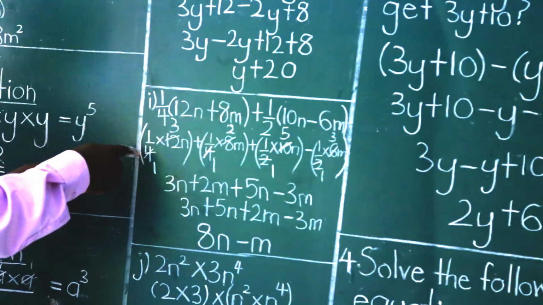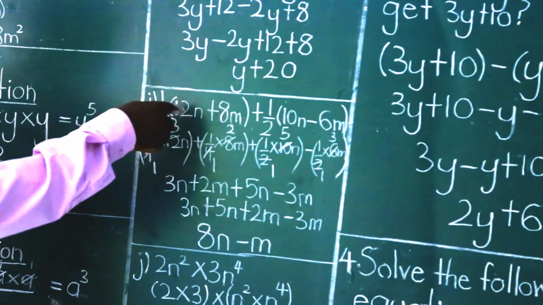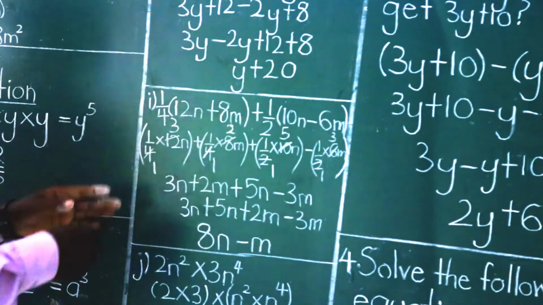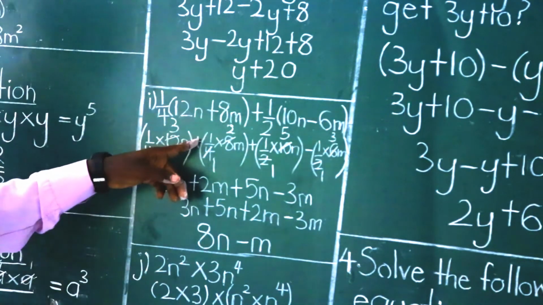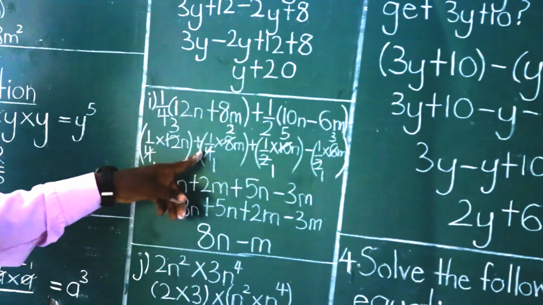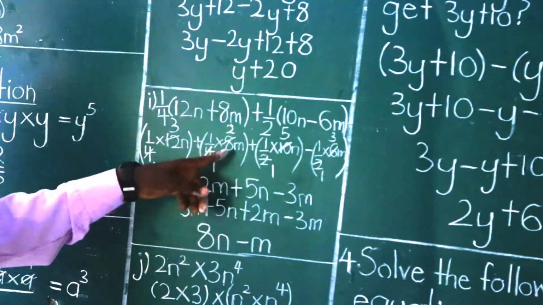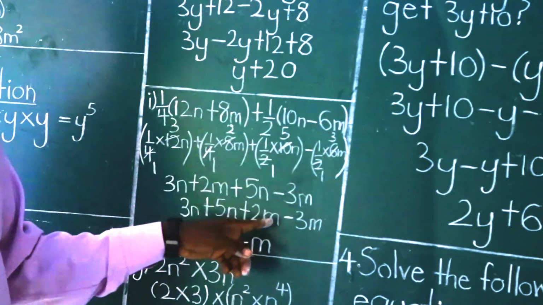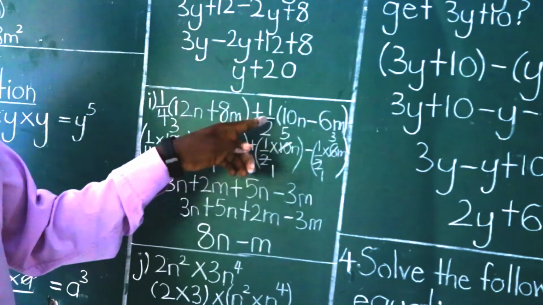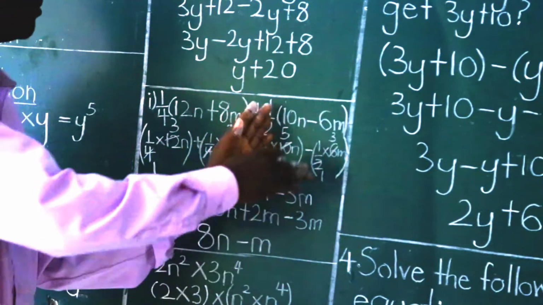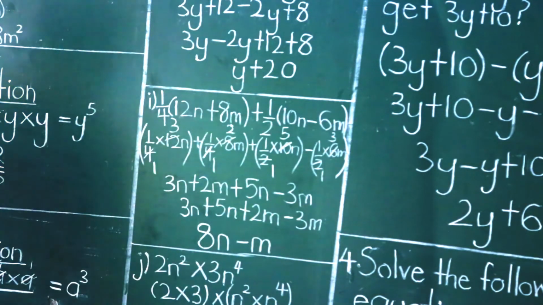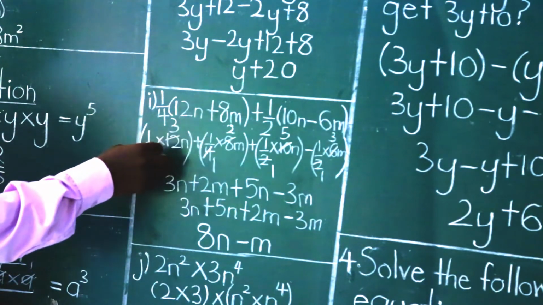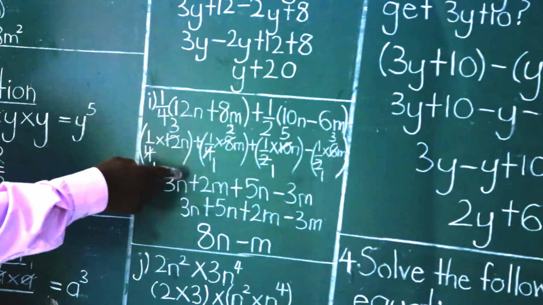We say a quarter times 12n, put in brackets like that, and plus is maintained, a quarter times 8m, put in brackets, and plus a half times 10n, put in brackets, then minus a half times 6m, put in brackets, and now start dividing. 4 by 4 once, 12 by 4 you get 3, so I've got 3n here.